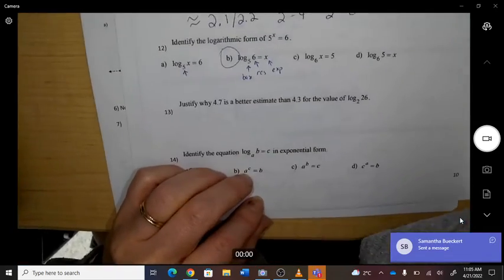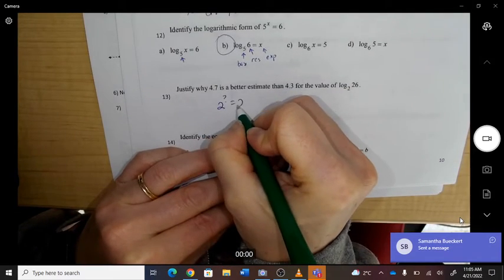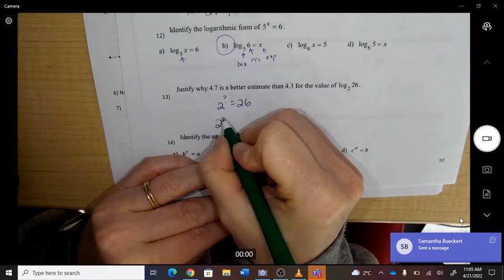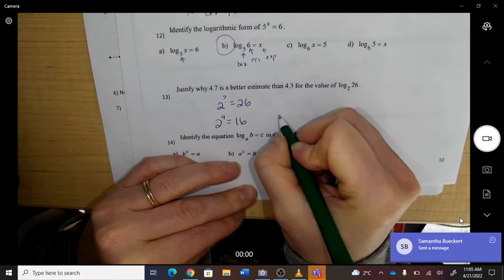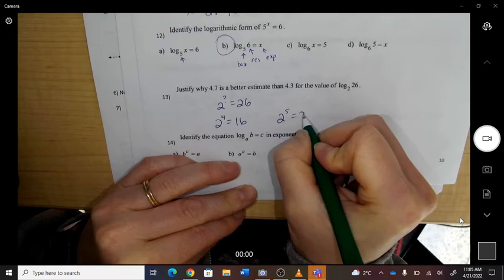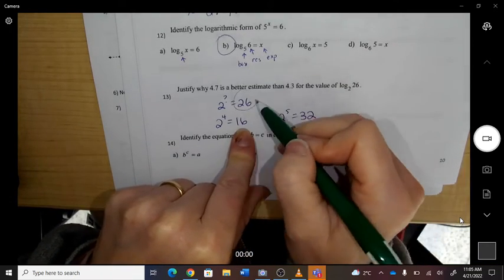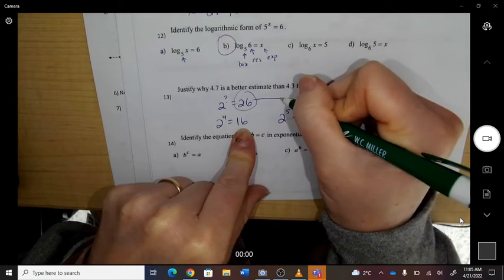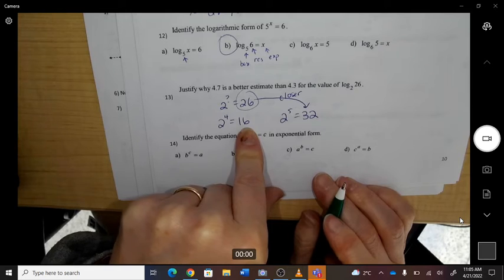Justify why 4.7 is better than 4.3. So 2 to the what is 26. 2 to the 4th is 16. 2 to the 5th is 32. So this is closer to 32 than to 16.